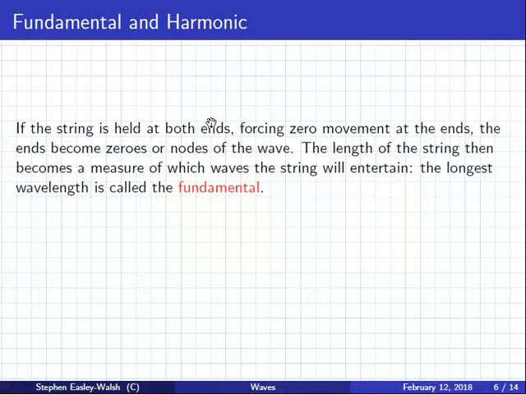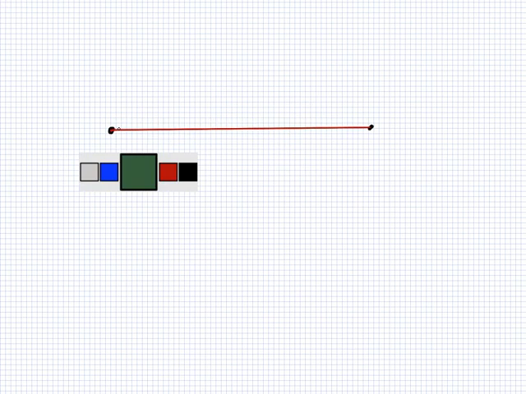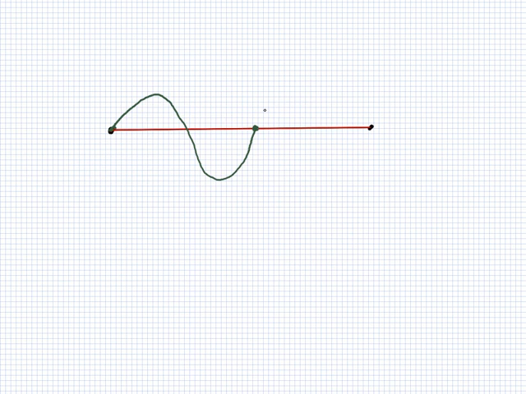You could have something that looks like this, or you could have something with a longer wavelength. This is a short wavelength, so maybe you could have something that goes up, down. Okay, that's one, and then you could maybe have another wave in here. But if you think about this, what's the longest wavelength you could make? Well, the longest one would be something like this.